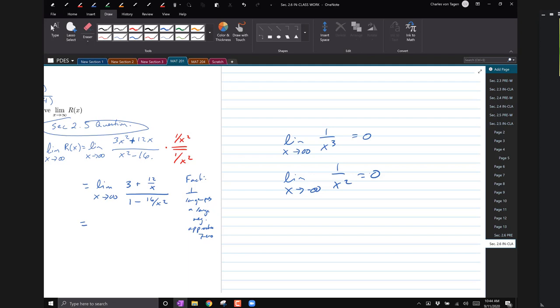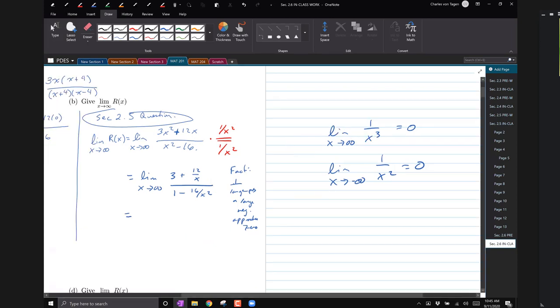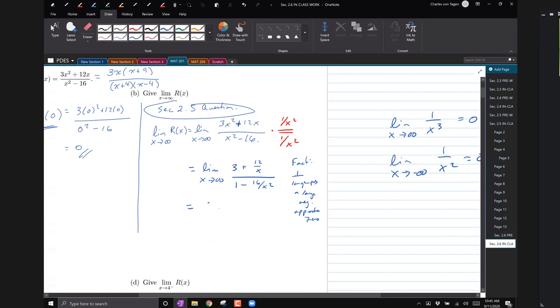But this is something that you can rationalize your way through. 1 over a large positive number, or 1 over a large but negative number, is going to approach 0. So this gives me 3 plus 0, because this piece right here looks like what I just described, all over 1 minus 0, again, because this piece right here looks like what I just described. And so we get a limit of 3.